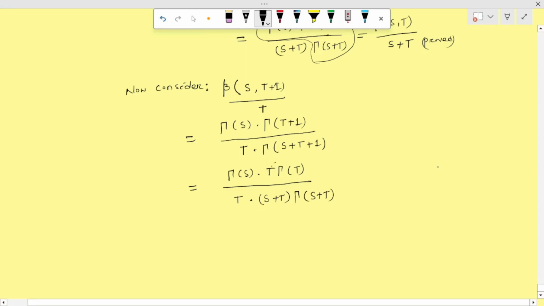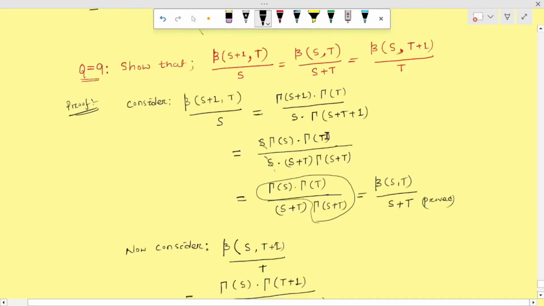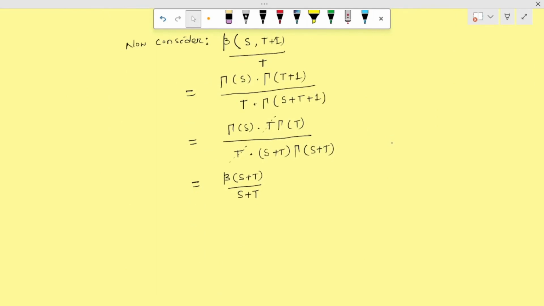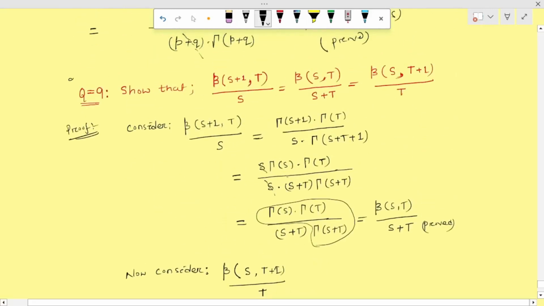Here t got cancelled, and we found that gamma s into gamma t by gamma s plus t is nothing but beta s t, so beta s t by s plus t. We proved this one. This is an important question. You should practice and remember it for a 4 mark question in your exam.